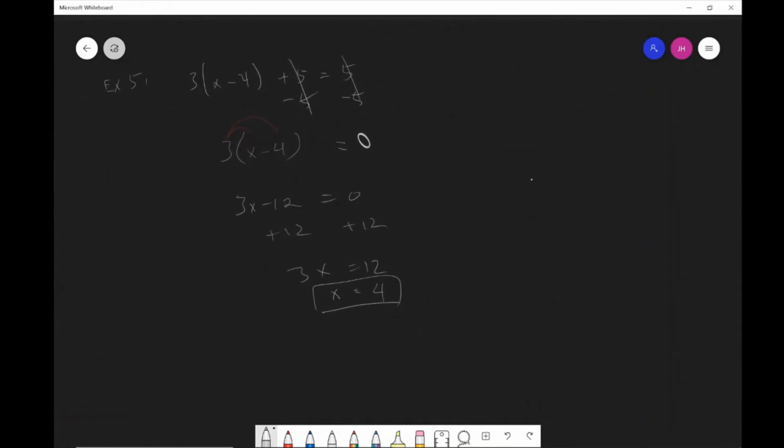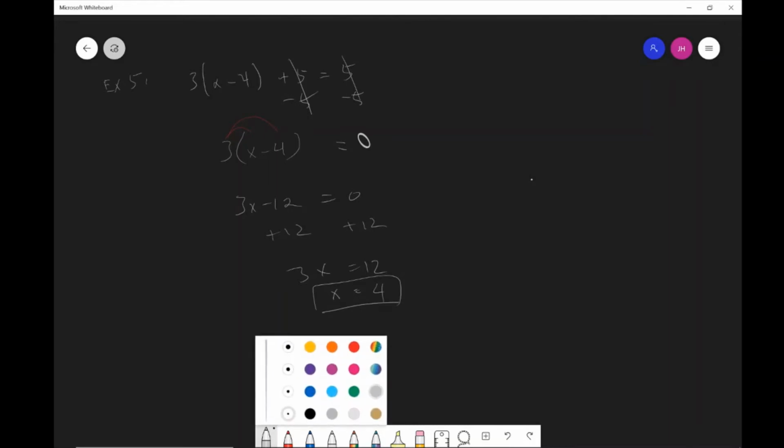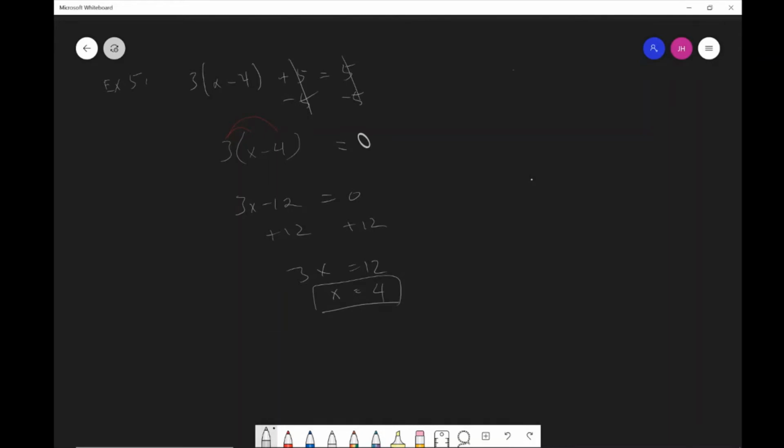Let's try the other strategy where we apply distributions first. Okay, so here I will copy down the question again. Plus 5 equal to 5. Now again, I will use distributions first. I will not get rid of the plus 5 in the beginning, so it will be 3x minus 12 plus 5 equal to 5.